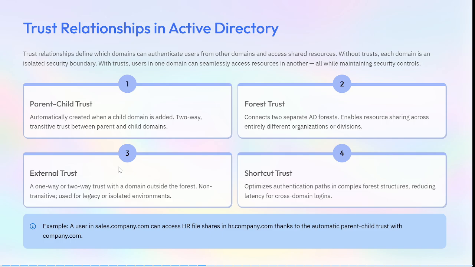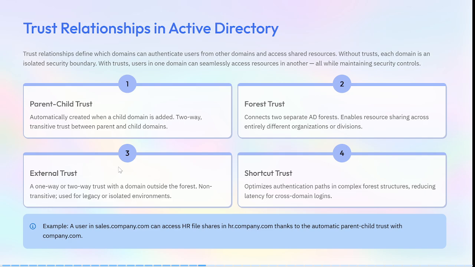Without trust, each domain is an isolated security boundary. With trusts, users in one domain can seamlessly access resources in another, all while maintaining security controls. See, here we have different trust levels.